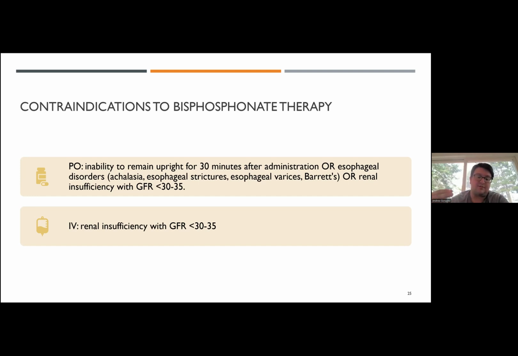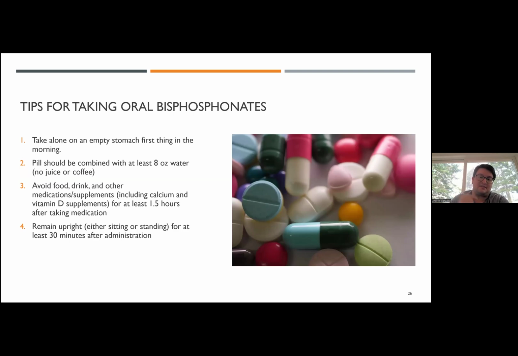That brings us to the IV bisphosphonates, where the only contraindication is that renal function. Sometimes you'll see people be started on the IV form because they just can't tolerate the PO formulations. That being said, this is another one that if you want to steal for an AVS, be my guest.